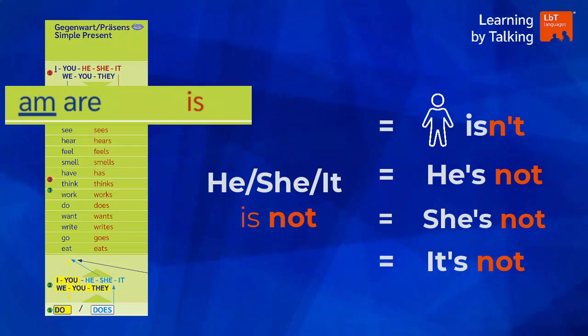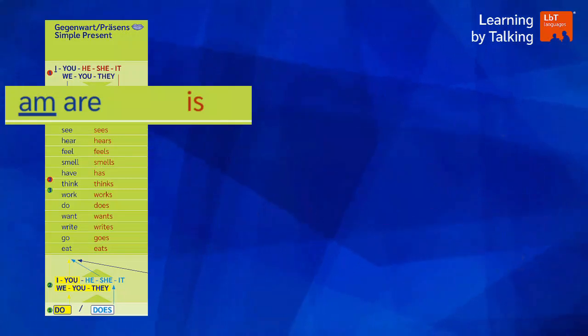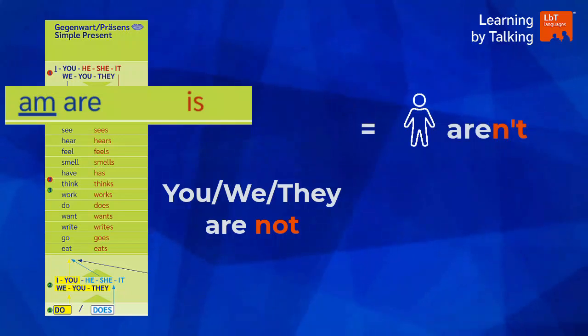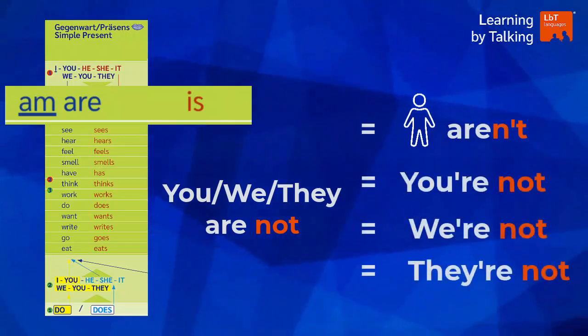He's not. She's not. It's not. You, we, they are not becomes aren't, or it combines the person plus are. You're not. We're not. They're not.